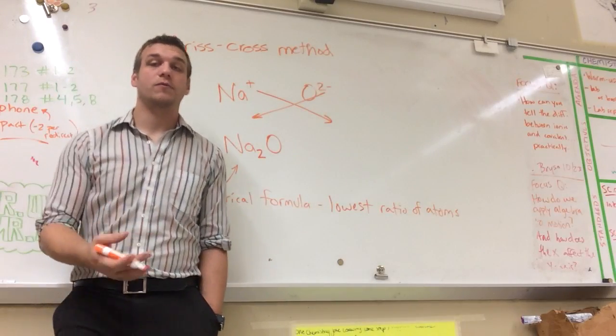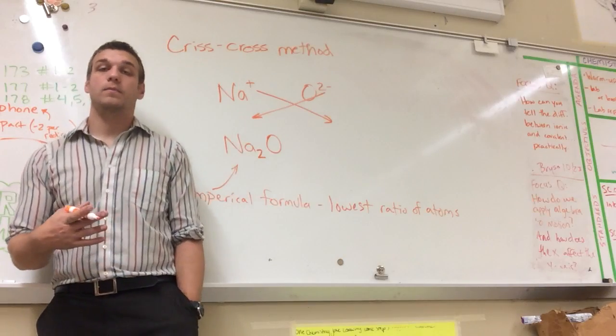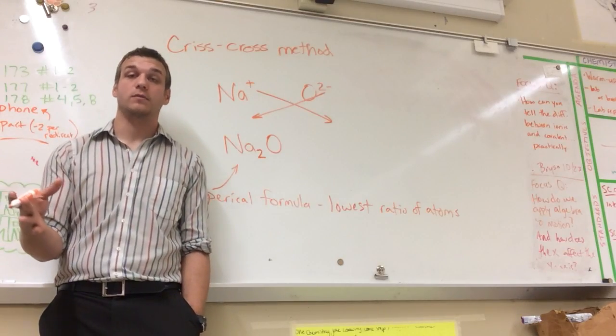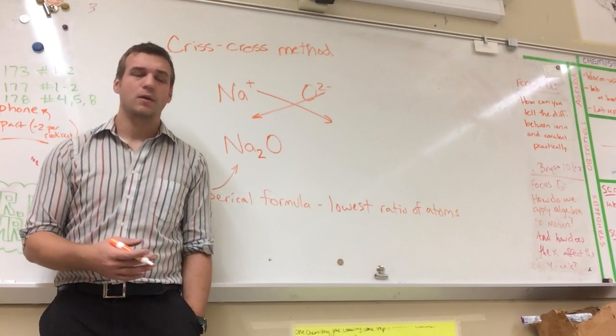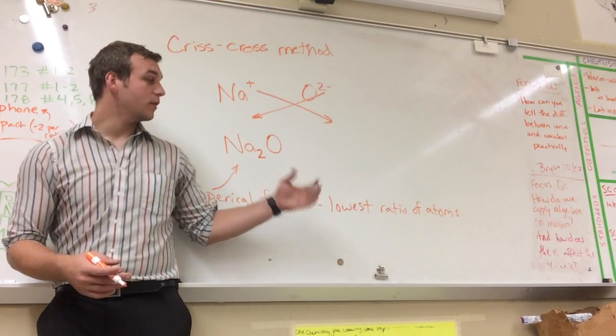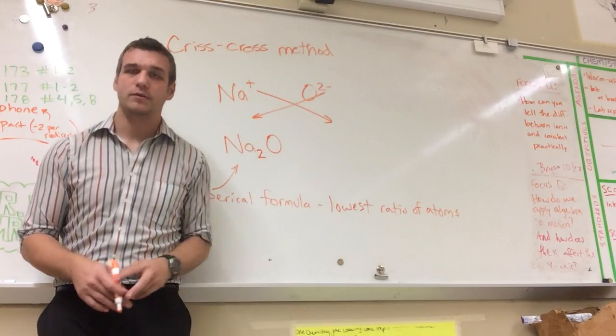Ionic compounds will always form the lowest ratio of atoms. Sorry, empirical. Covalent compounds don't have to, as we'll see later. We're going to see that probably in the 6th video. So, empirical formula, the lowest ratio of atoms, a 2-to-1 ratio, is lower than a 4-to-2, obviously.